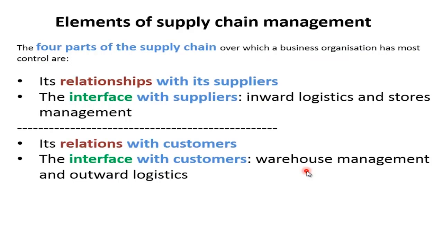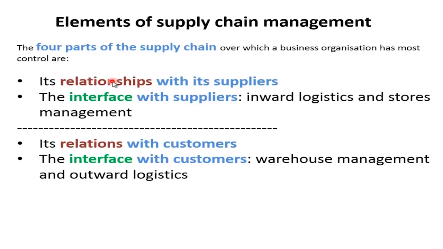Elements of supply chain management. Supply chain management has some elements. What are those? There are 4 parts. It is the relationship with its supplier. What is that? Relationship.